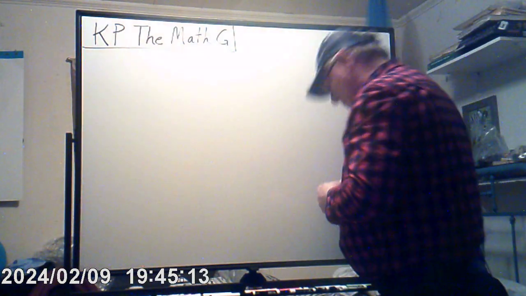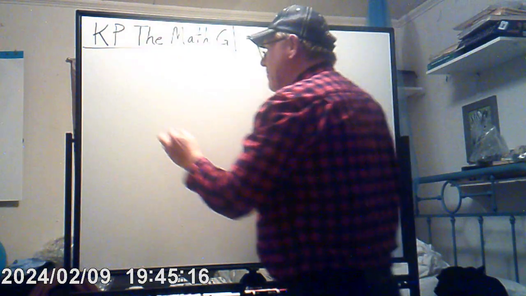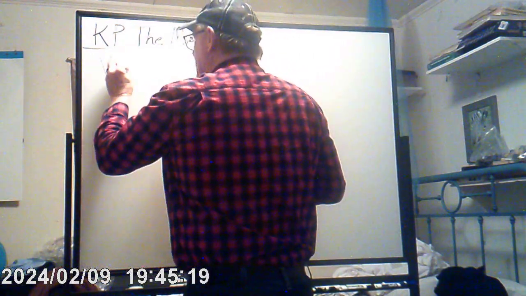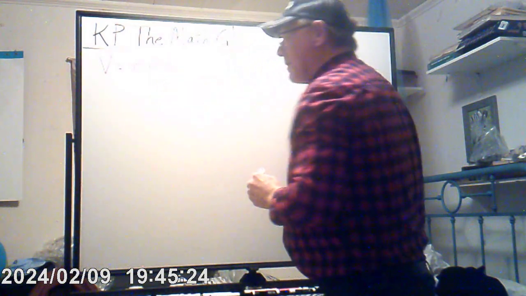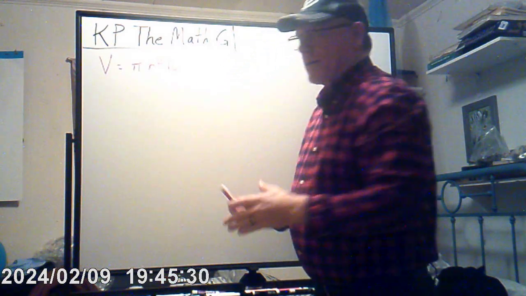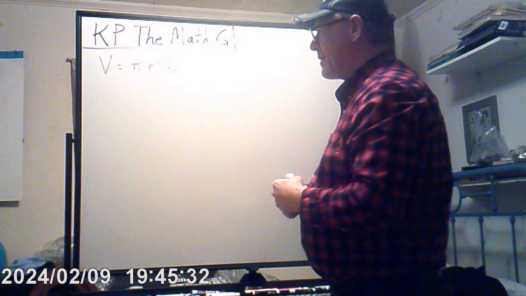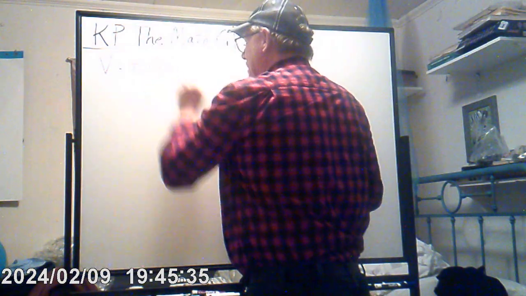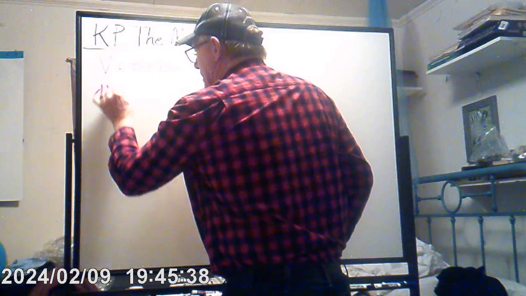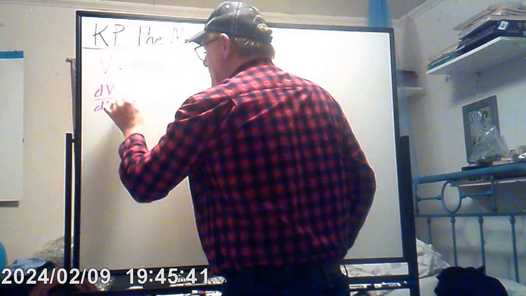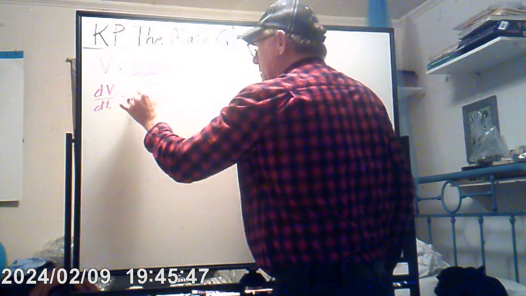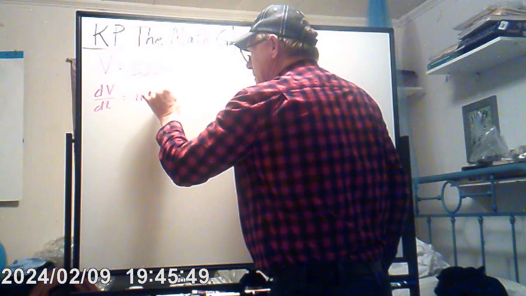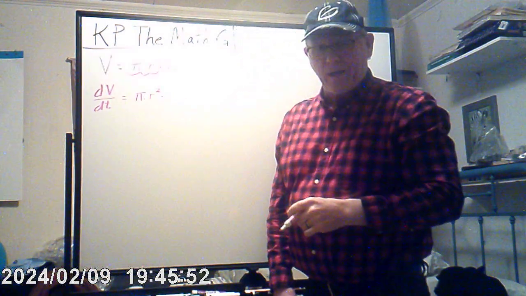So we have V. The volume is pi r squared h. Let's go ahead and find the derivative of it. Here we go, dV over dt. I'm going to do it this way. The first times the derivative of the second.